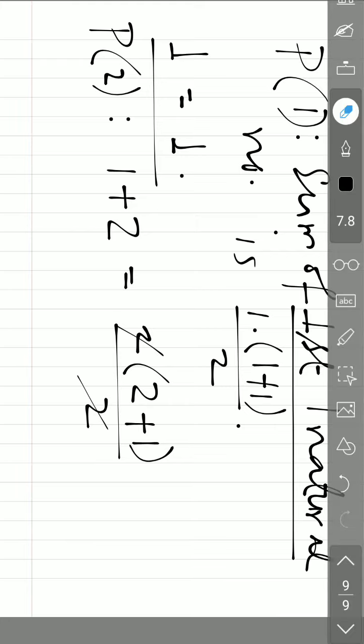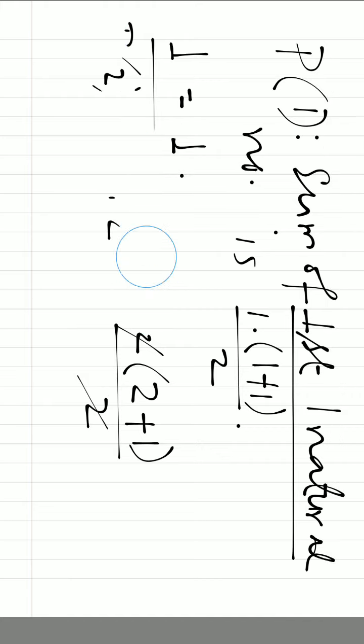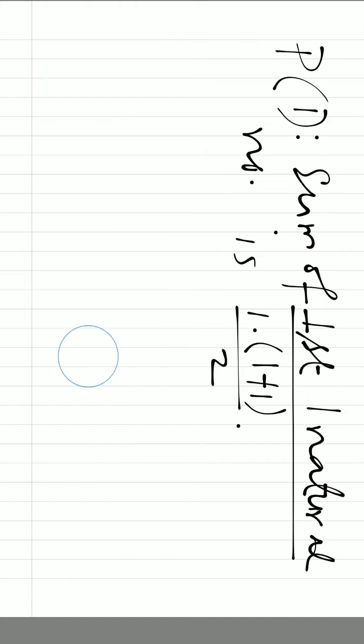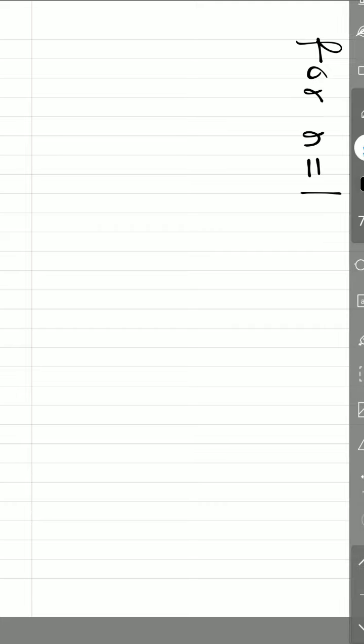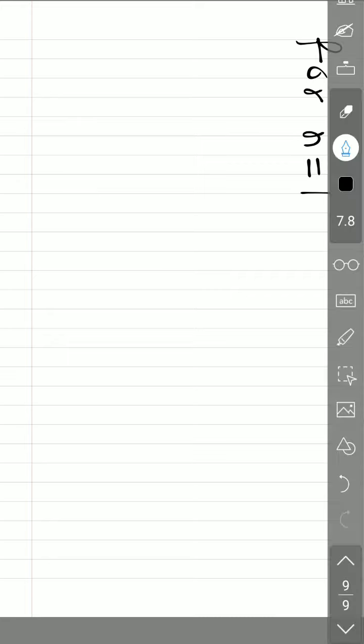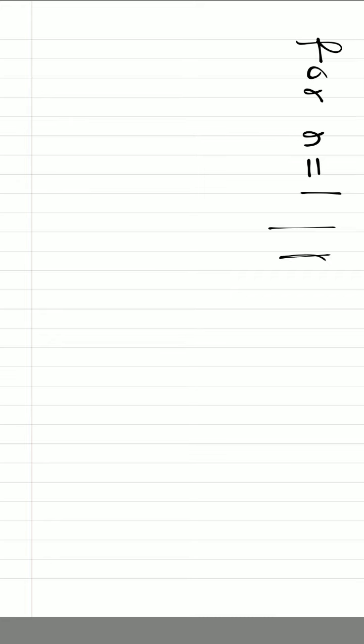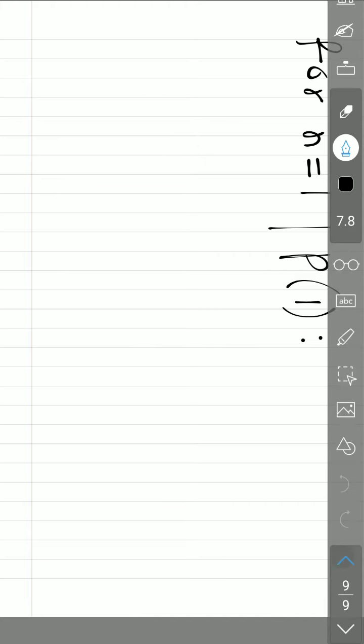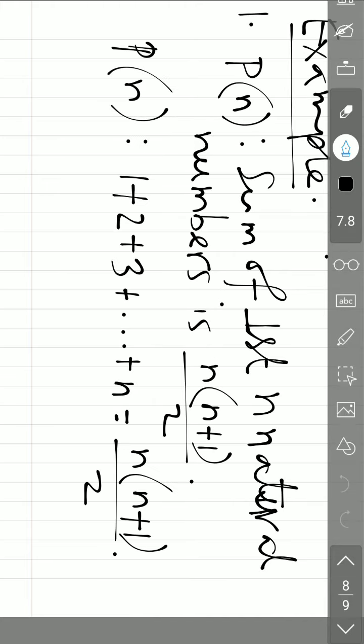Okay, so let us show here that P1 is true. So that we will do like this. We will write for n equals to 1, or you can also write as P1 colon. So for n equals to 1, what is the left hand side of the equality? It is the sum of first one natural number.